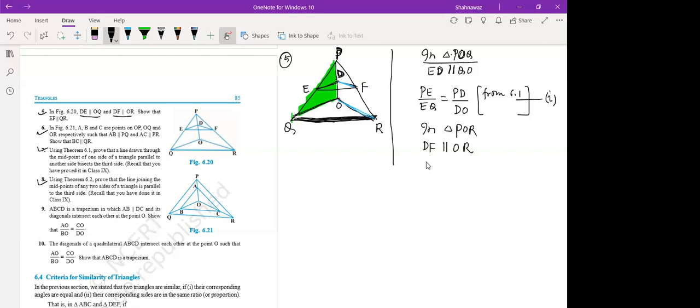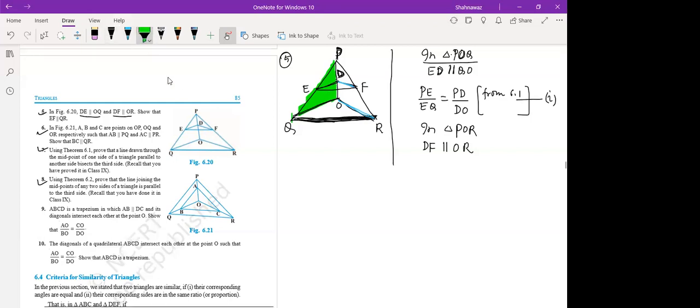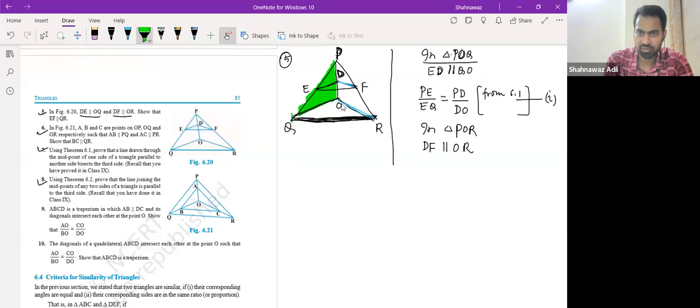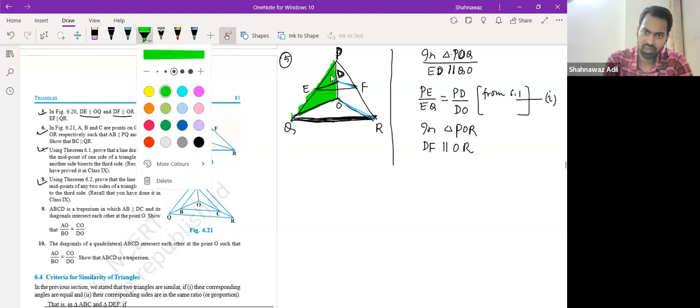Sir, if two lines are parallel, then the other two sides are proportional. So how can we write that? DF parallel to OR, then first we should take the shorter side, PF.